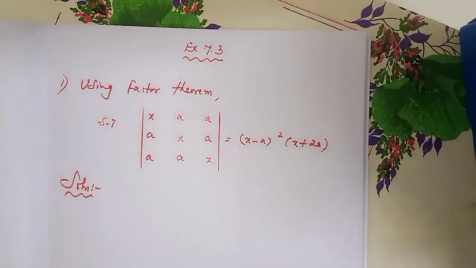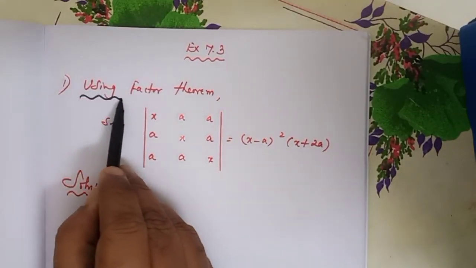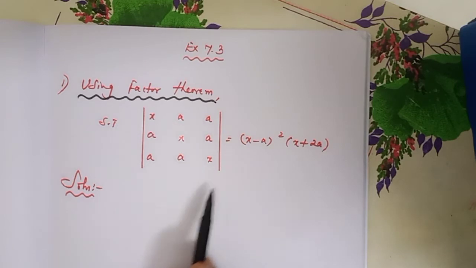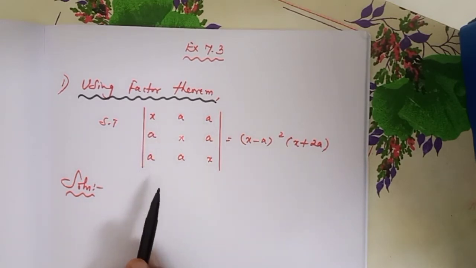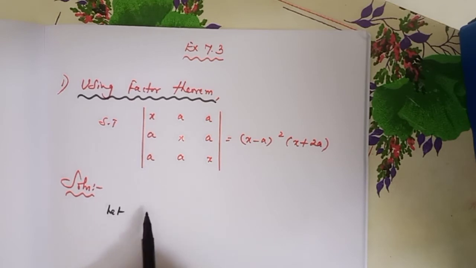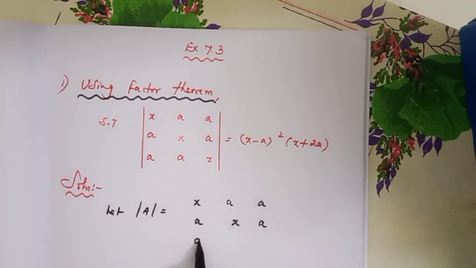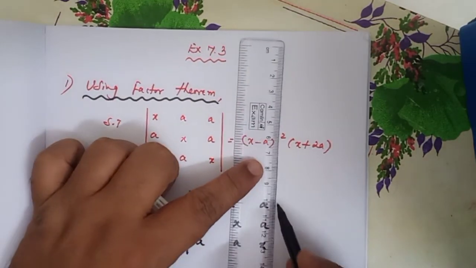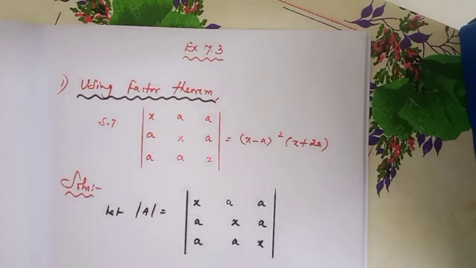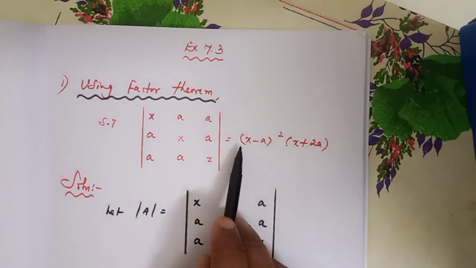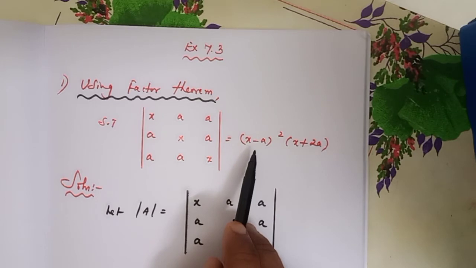Listen. Here is problem number 1. Using the factor theorem, we have to prove this result. I consider the left hand side determinant as determinant of A. Let determinant of A be equal to (x a a; a x a; a a x). Look at the factor (x minus a) whole square into (x plus 2a); particularly, inside the bracket we have x minus a.